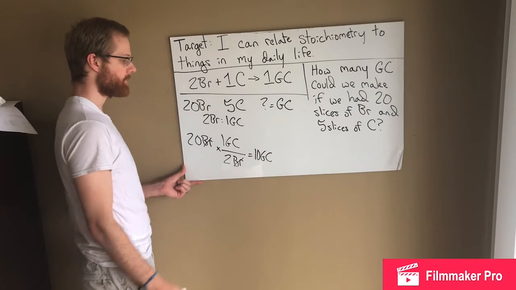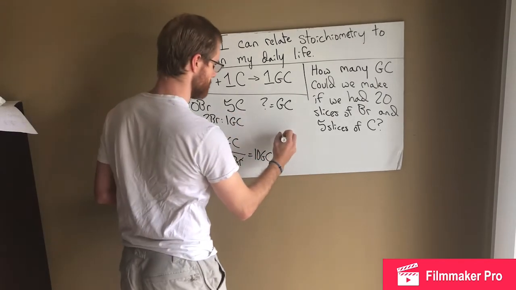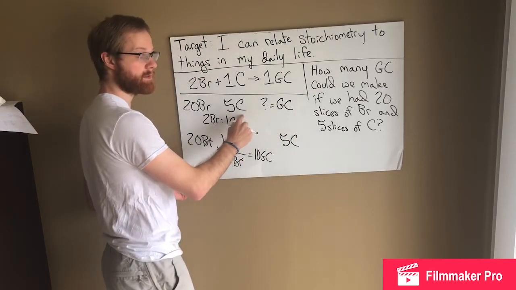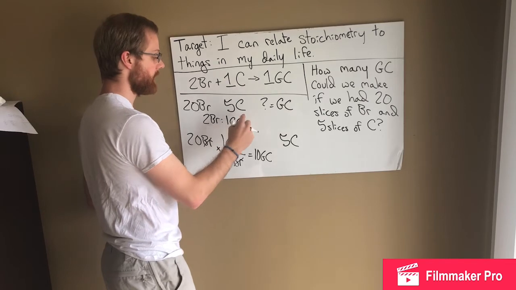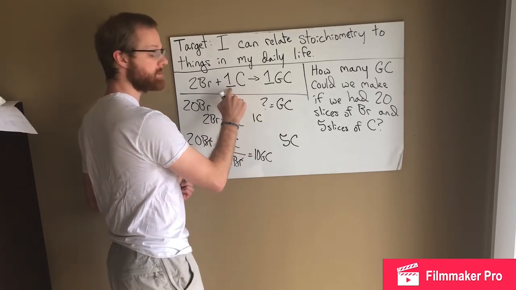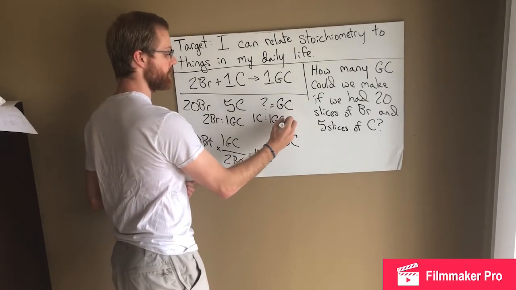Cool. All right, I've also got 5 grilled cheese. Or sorry, I've got 5 regular slices of cheese. And I know that 1 slice of cheese can be used to create 1 grilled cheese sandwich.